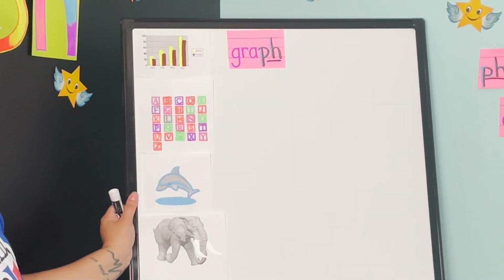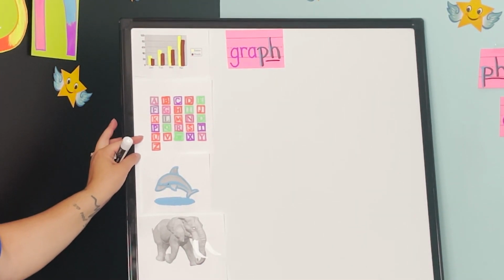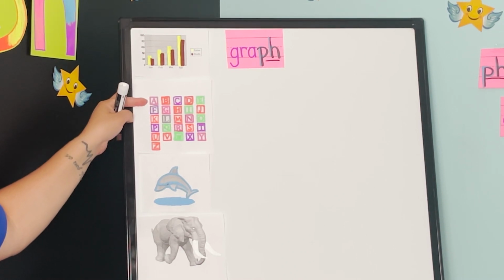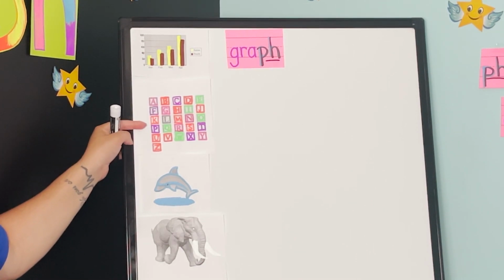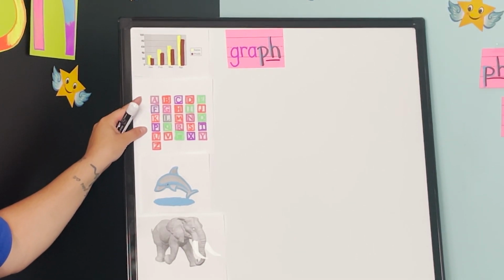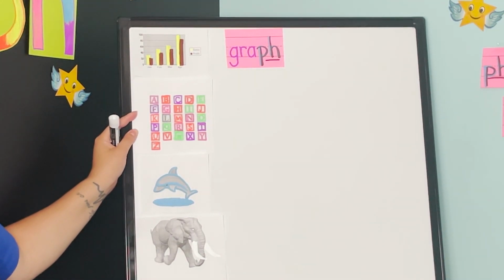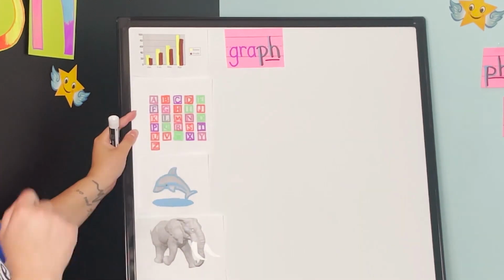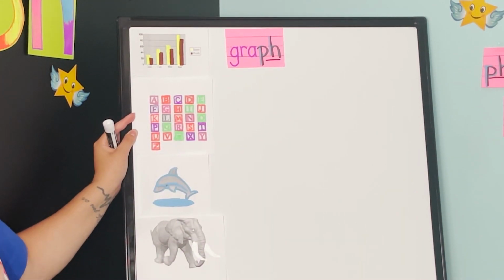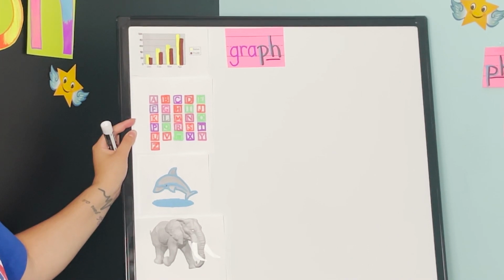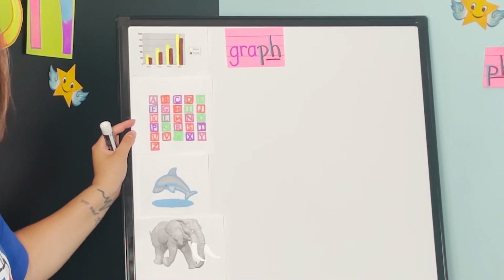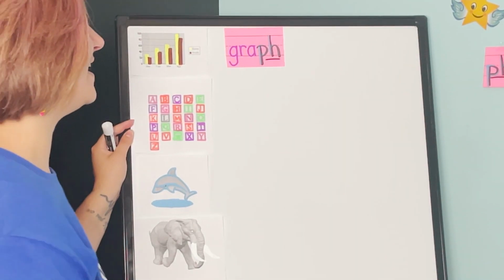All right, scholars. Here's our next picture. I noticed that they are blocks with letters on them. Yeah, letters are what we use to make words. What do you think that might be a picture of? Let's look at our words in our word bank. Photo, elephant, dolphin, alphabet. Oh, yes.